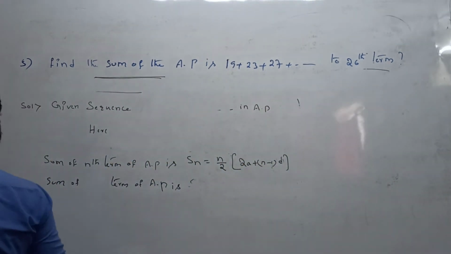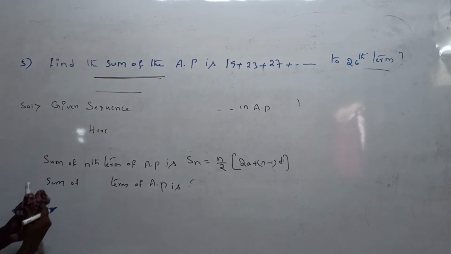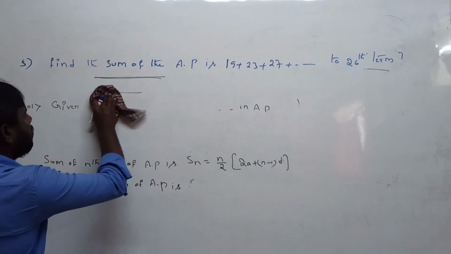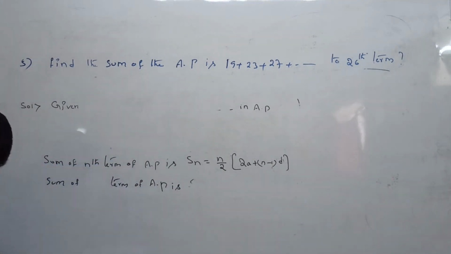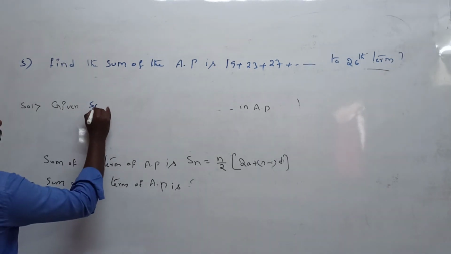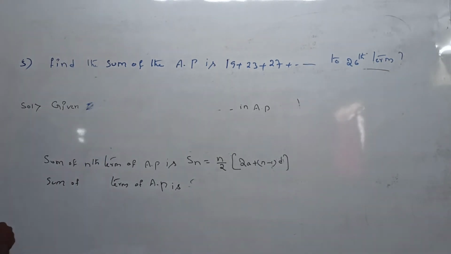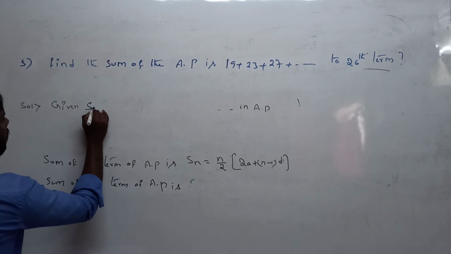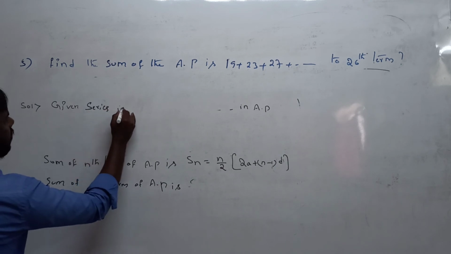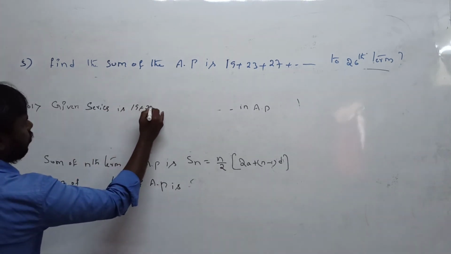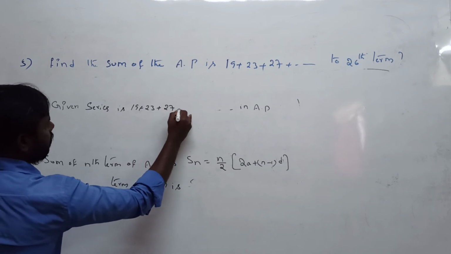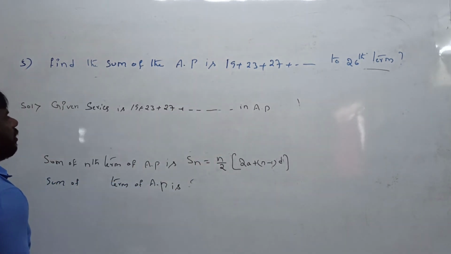Here the given one is not a sequence, here given a series, because of the sum. The given series is 19 plus 23 plus 27 plus so on in the arithmetic progression.